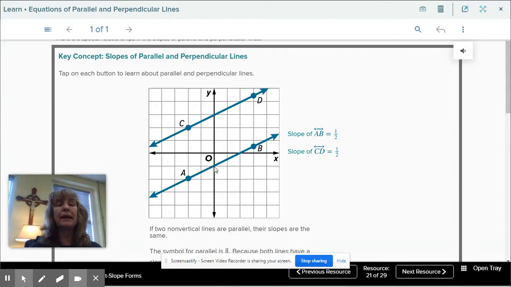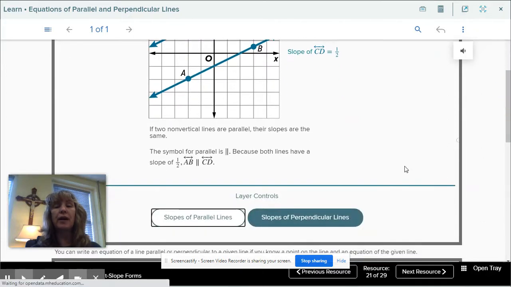So I'm going to pick any corner and count up 1 over 2, height 1, width 2, to get me to that next line. So the slope of this line is 1/2. Also notice that the slope of this line is exactly the same. The equation's different because the y-intercept is different, but the slope is identical.